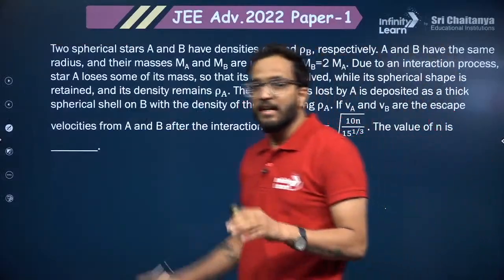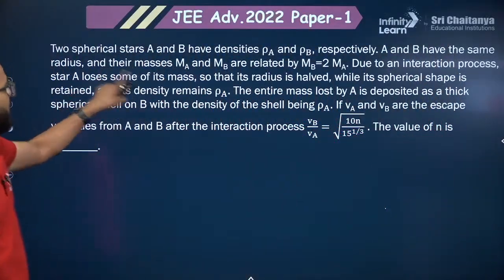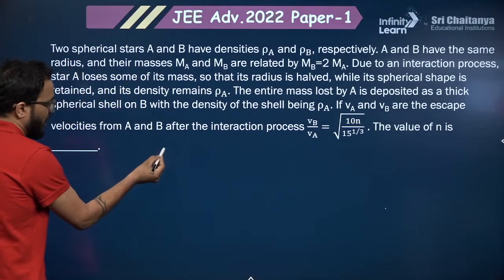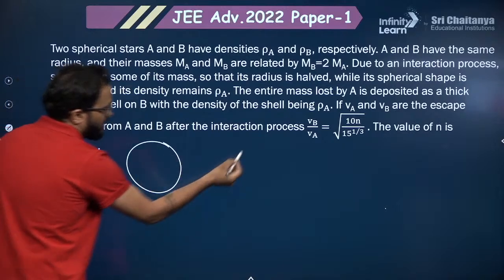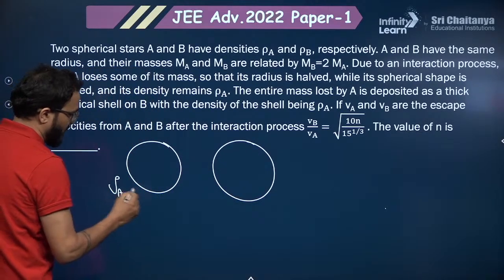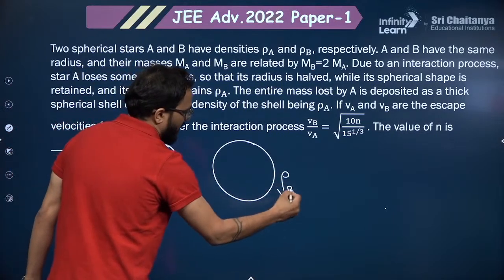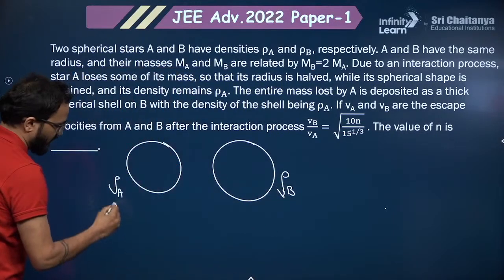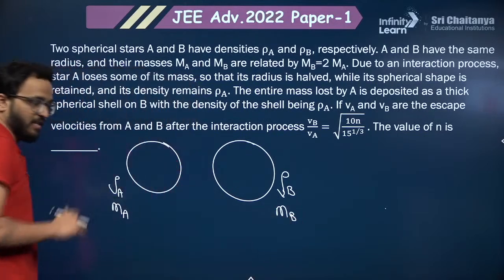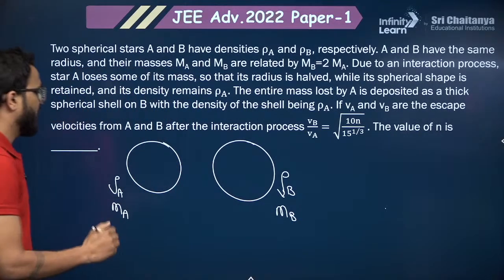So, first of all, it is given that two spherical stars A and B have densities rho a and rho b. Okay. So, two stars are given initially, both have the same radius. Densities are given, rho a and rho b, obviously, and masses are given, Ma and Mb, right? So, densities are given, masses are given, radius is the same.